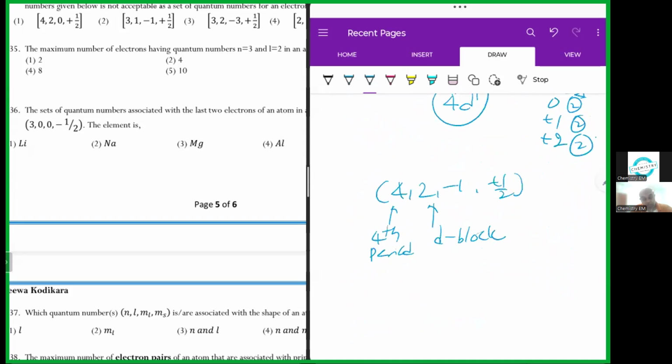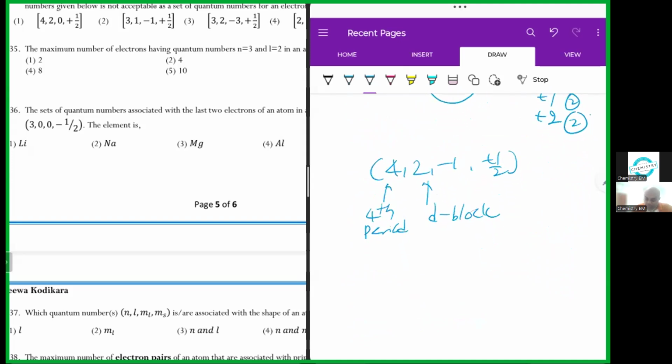If this is L equal to 2, ML is equal to minus 2, minus 1, 0, plus 1 and plus 2. If the last electron is minus 1, it already has minus 2, so there are 2 electrons there. And this has 1 electron because there is plus half. So the configuration of the last electron is 4d3.